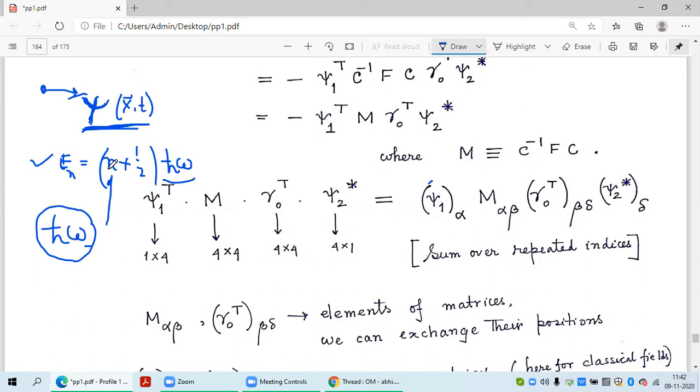So once you quantize, you can see what you have gained. To start with, you have a single classical harmonic oscillator described by its generalized coordinates q, t, etc. Once you quantize it, what you get?